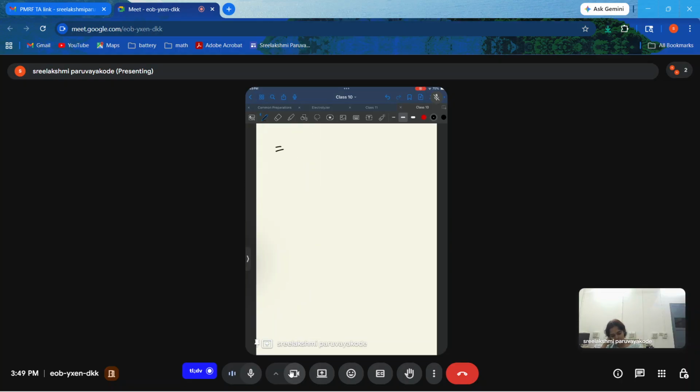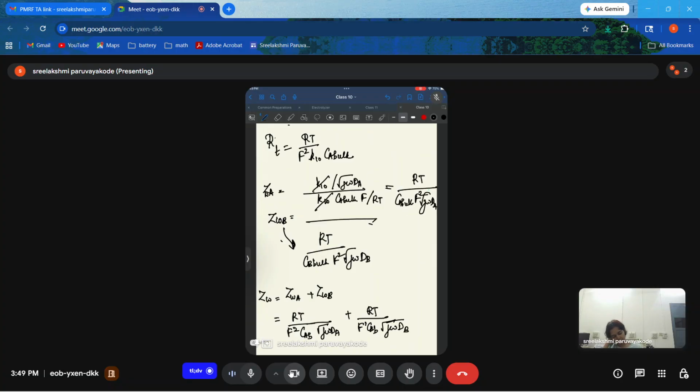Let me introduce a sigma, which is RT by F square root 2 of 1 by CAB root dA plus 1 by CBB root dB. If I substitute this in here, RT goes, F square goes.